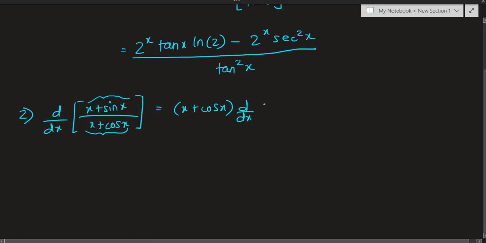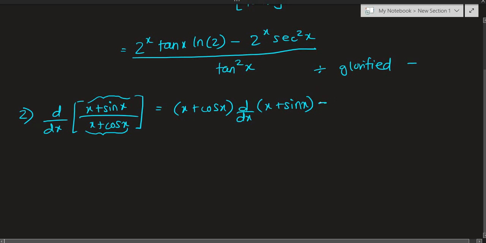So taking the numerator function first for differentiation, x plus sine of x being differentiated times x plus cosine of x minus, because why did I say minus? Because division is glorified negation, right? If you just keep on subtracting repeatedly, that's just dividing.